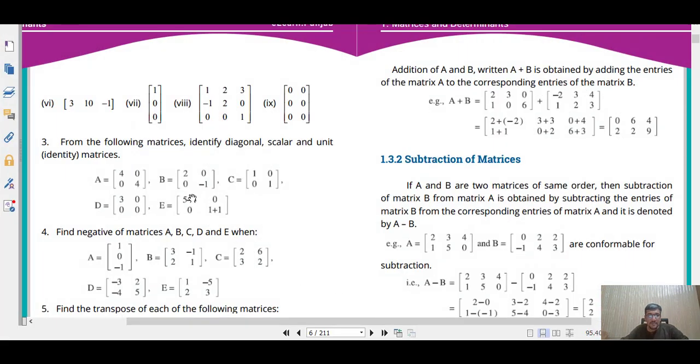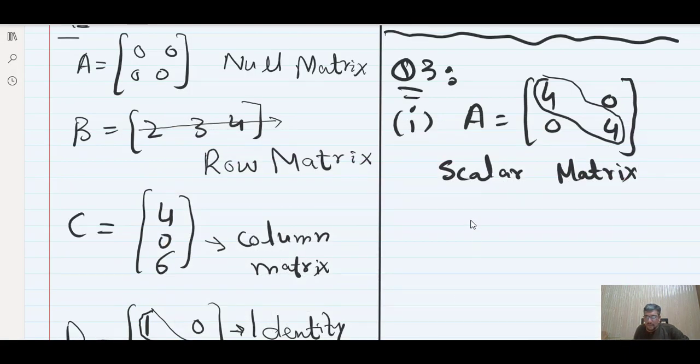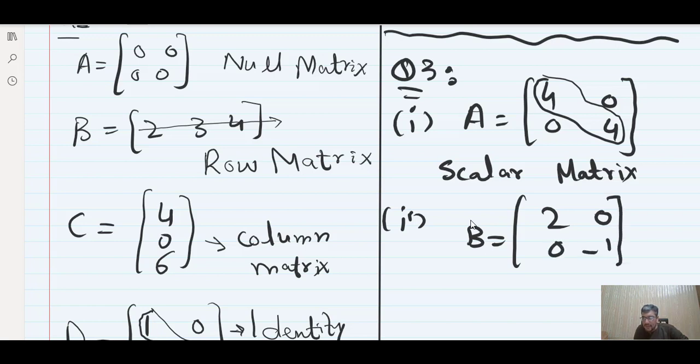Now the next part of this question is B, which is 2 0 0 minus 1. This is also a good question, that B is equal to 2 0 0 minus 1. And if you see here, both the values in the diagonal are not the same.